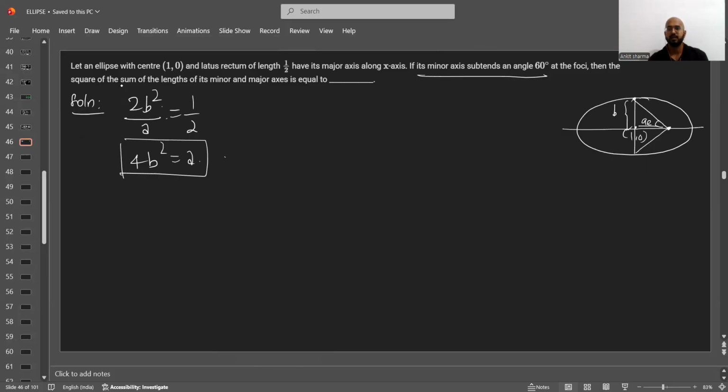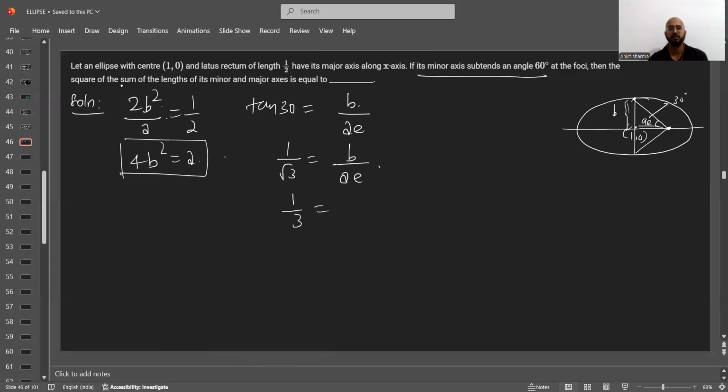So I can now find the angle between them. The angle between them is 60°, so this angle is going to be 30°, half of it. Now we have this side available and this side available, so I can write tan 30 is equal to opposite over adjacent. Opposite is B over adjacent is AE. So tan 30, which is 1 by root 3, is equal to B over AE. Let's prefer squaring this.